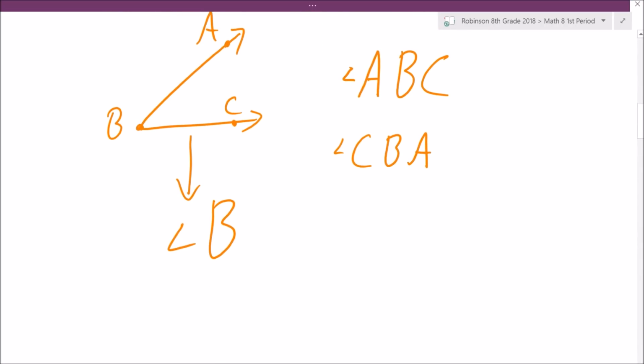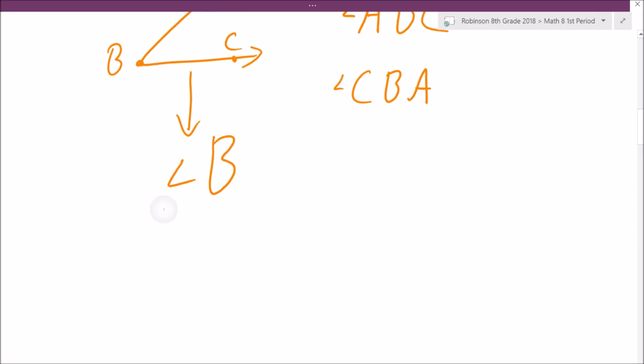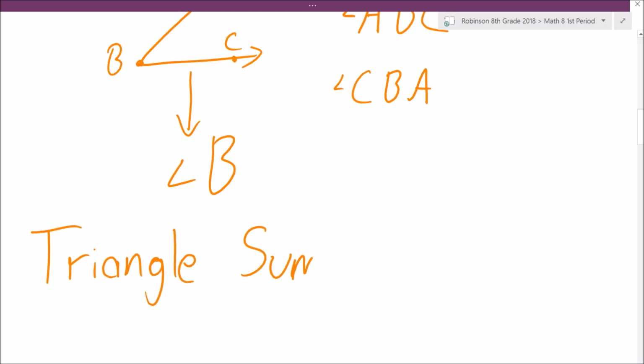For our actual notes that matter to us today, we're going to talk about the angles of a triangle. And this is actually called the triangle sum theorem.